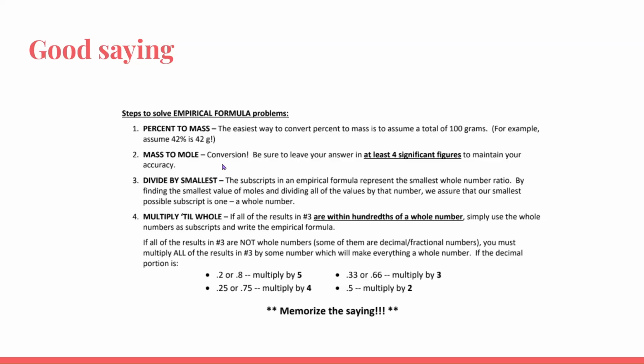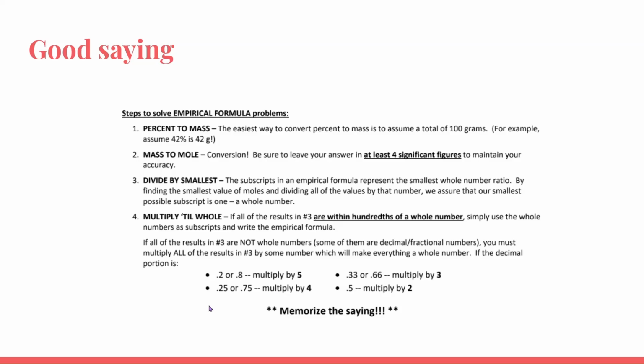And then you divide by the smallest, which we were talking about earlier, so you get the empirical formula. And then there are times when the empirical formula will not have whole subscripts, and so depending on what the numbers are, you would multiply by 2, 3, 4, or 5.